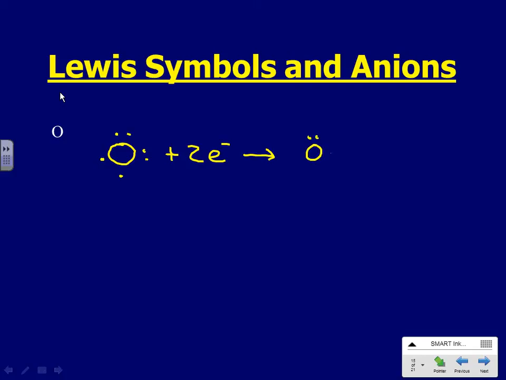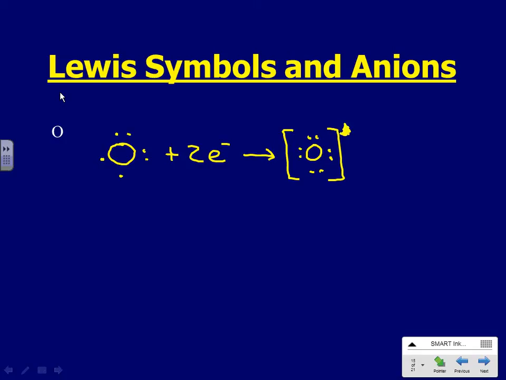So now I've got to indicate that I've added 2 electrons. For a negative ion, it's going to have 8 dots around it to be stable. I need the square brackets so I can isolate the picture from the charge, and look, I screwed that up. See what I did there? I went to write a plus. What's the charge on this thing? Negative how many? -8? Nope. -2, because I added 2 electrons.